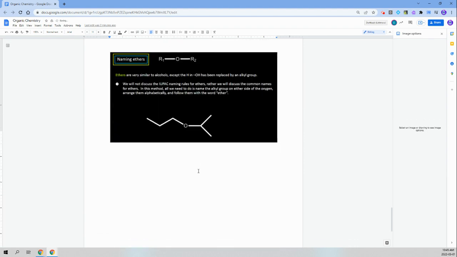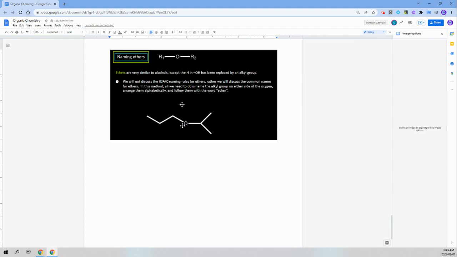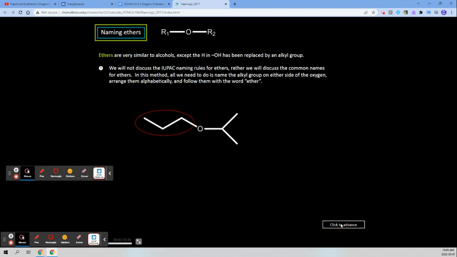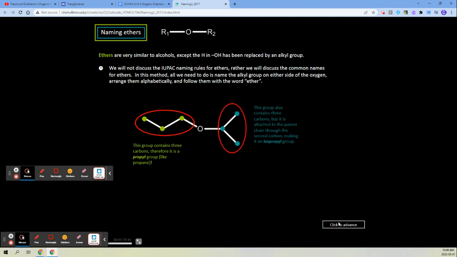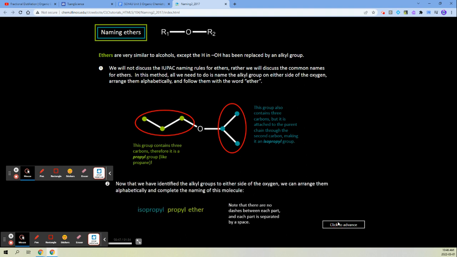It's an OH. But what's in the middle of the chain, we call it an ether. So, you either get it or you don't. Three carbons there, and that's an isopropyl there. Isopropyl propyl ether. Fun.